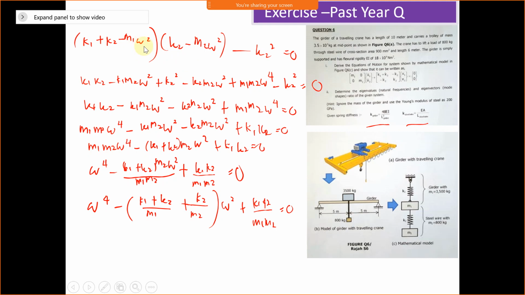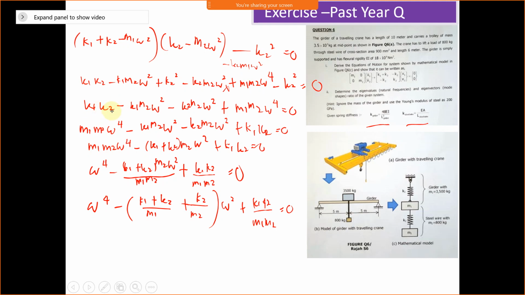Okay, ni minus kat sini kan, minus K2 M1 omega square, betul? Plus, betul lah. So minus K2 M1 omega square. So dekat bawah ni betul tak?